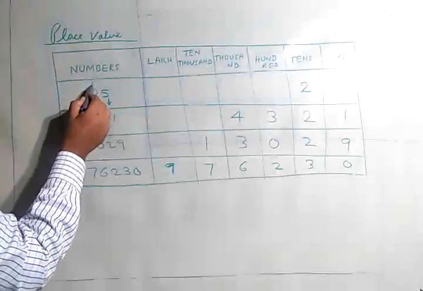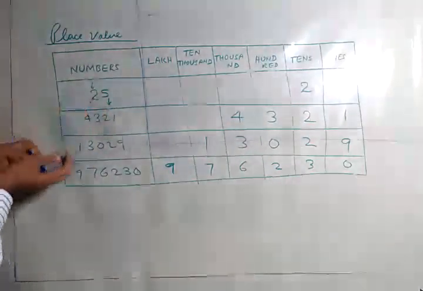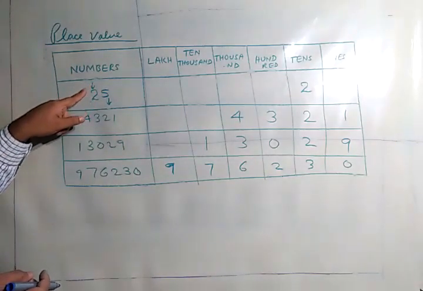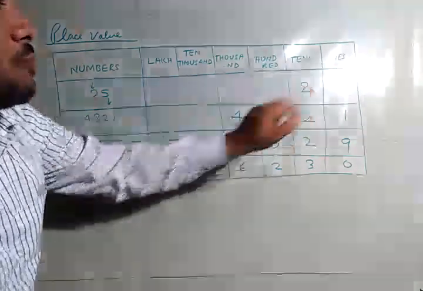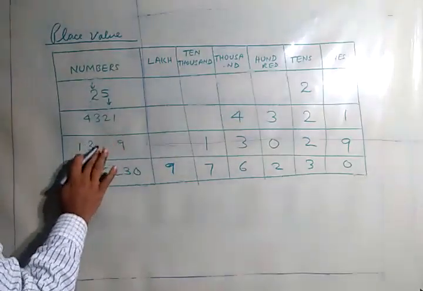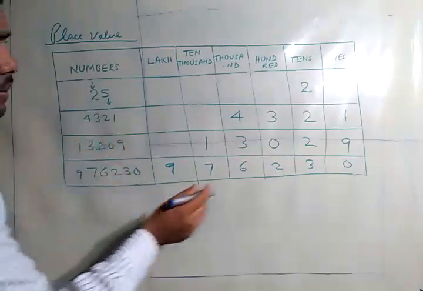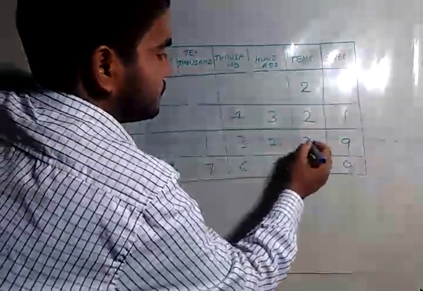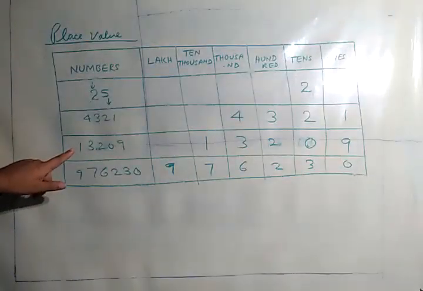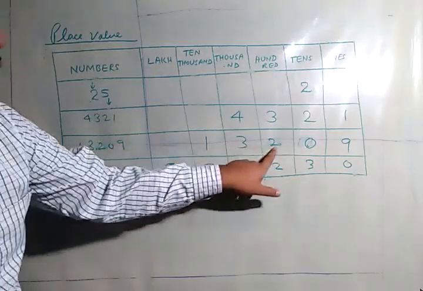That in this first number 25, the digit 2 is at tens position. In the second case, this 2 is again in the second position. Okay, let me change. Now in the third number, you see this 2 has come up to here.